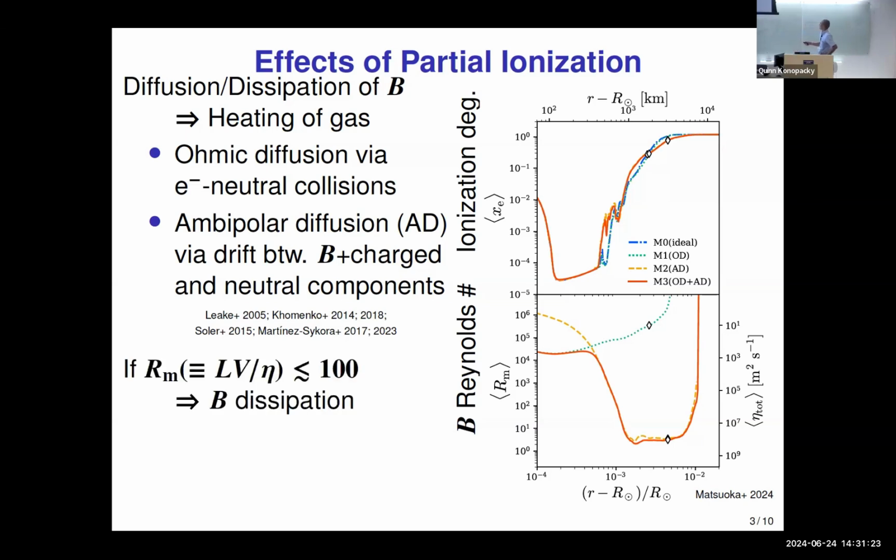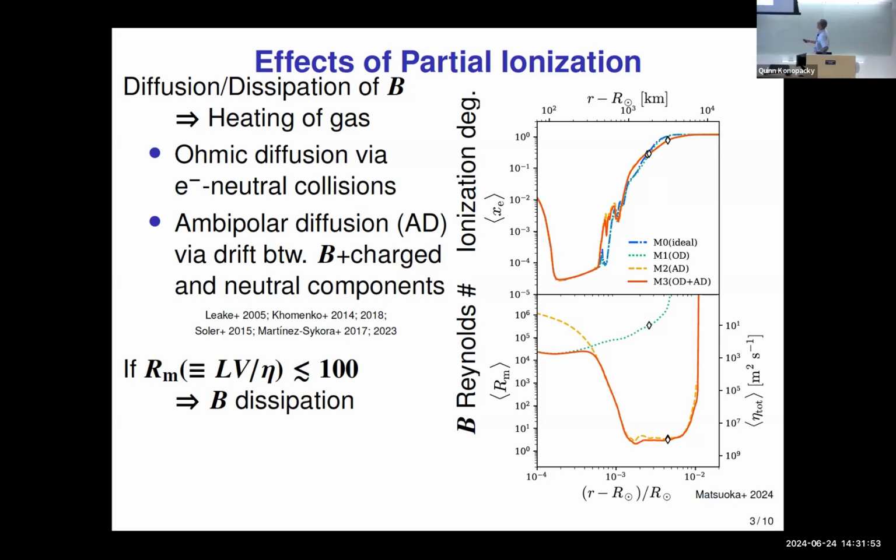Then, as a result, I'm showing the magnetic Reynolds number. This is the ratio of the inertial term normalized by the dissipative term by magnetic diffusion. If this value is smaller than 100, the non-ideal MHD effect is non-negligible.